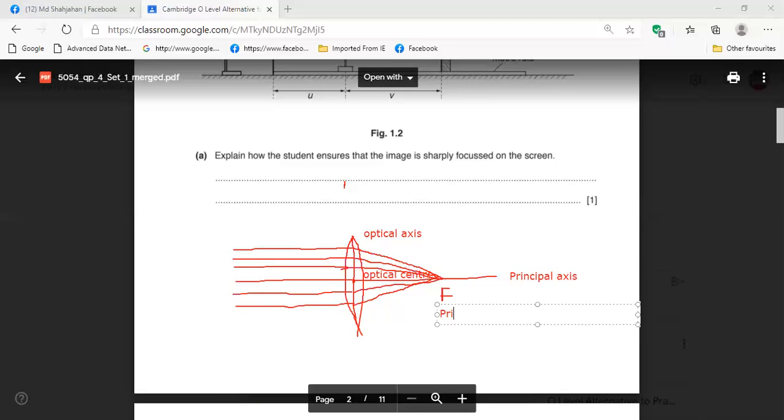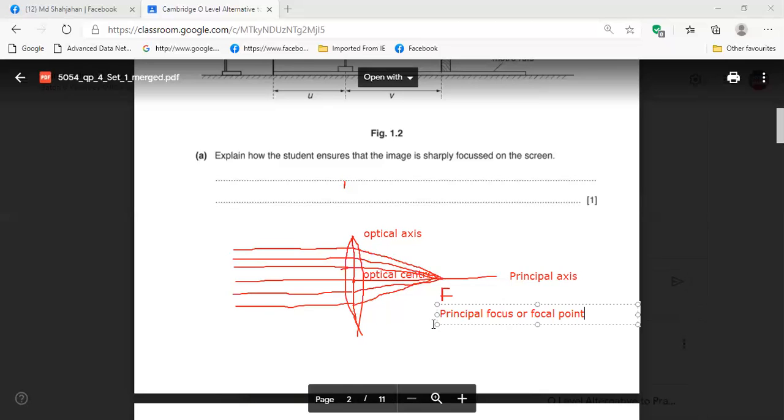Principal focus or focal point. Please take these notes. I will tell you to send me this diagram.